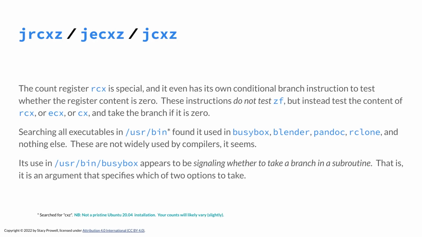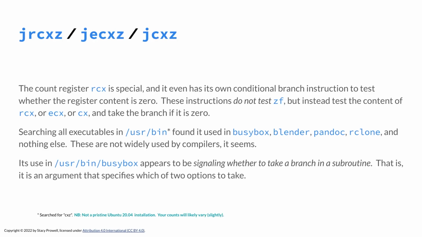There's not a version for RAX, there's not a version for RBX, only RCX. It's a special one. So I did a quick search through everything in user bin, and I found that it was used in BusyBox, Blender, Pandoc, rclone, and nothing else. So it's not widely used by compilers, but it is in fact used.